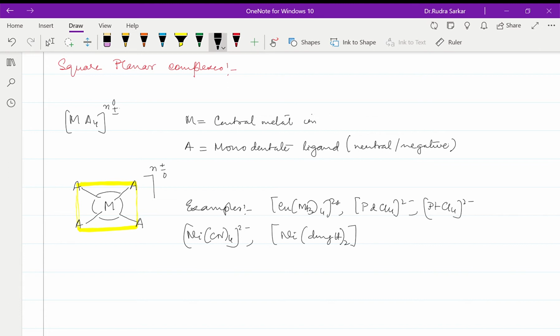So we have already shown that there can be negative complexes, there can be positive complexes, there can also be neutral complexes. Okay.